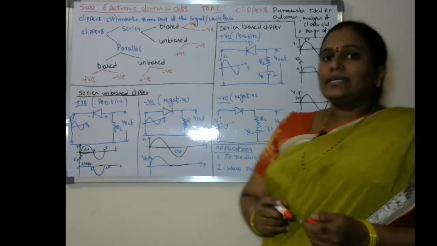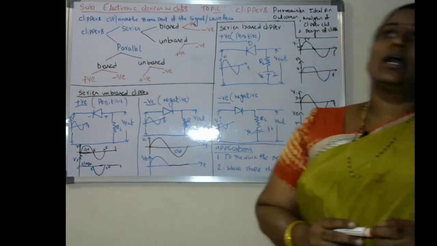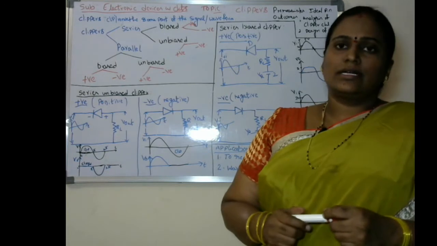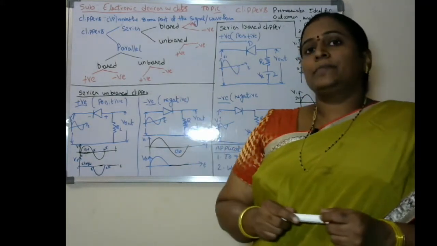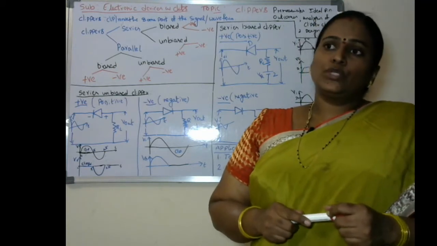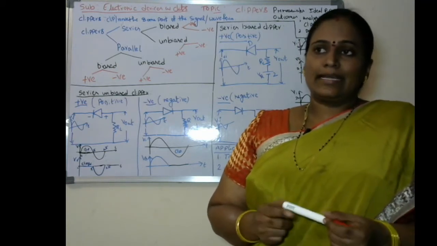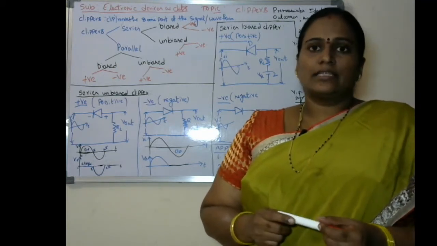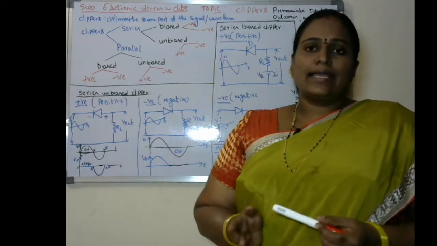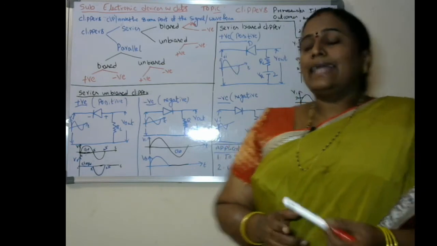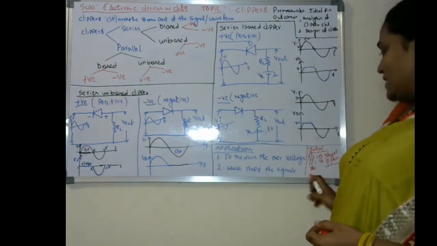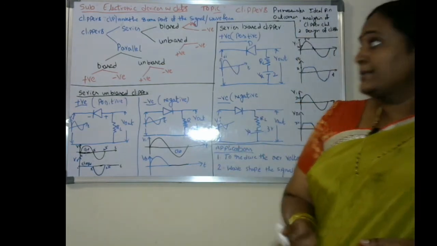We already discussed the ideal characteristics of the PN junction diode in the previous lecture, and for the analysis of clipping we are going to use them this way: it acts as a short circuit when forward biased, and as an open circuit when reverse biased.